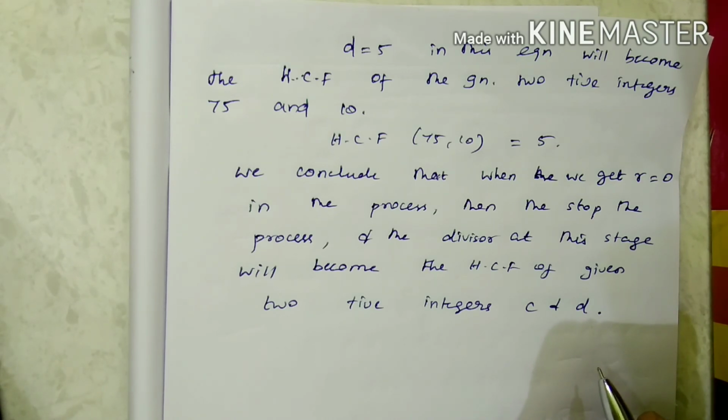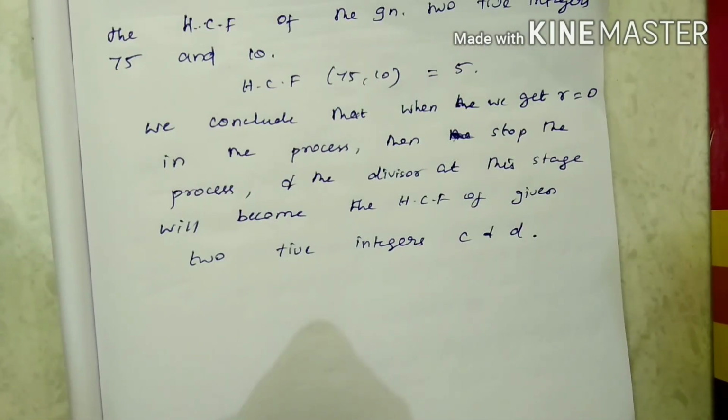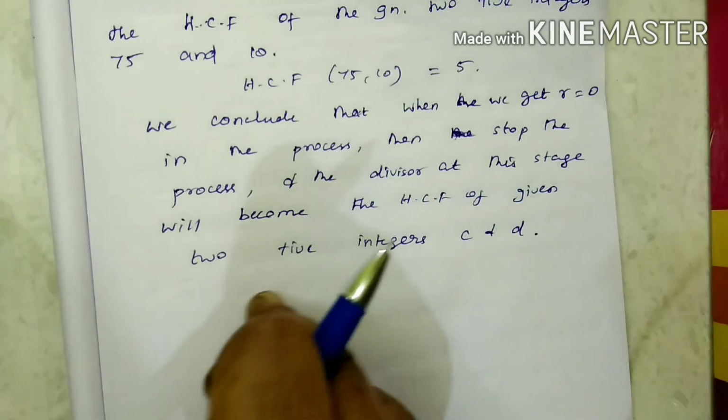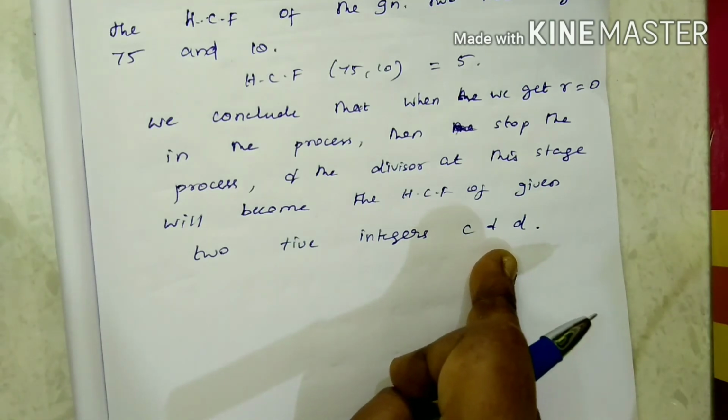So we can understand the 3 steps of Euclid's division algorithm easily.